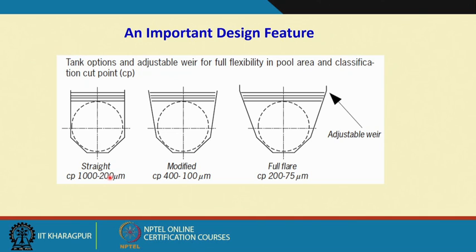These are only for quartz density particles. The modified one you can have from 400 to 100 micrometer, which means a finer size separation. And when you have a full flare, you can have very fine size separation, from 200 to 75 micrometer. So, depending on the application, you have to select the appropriate type of tank.